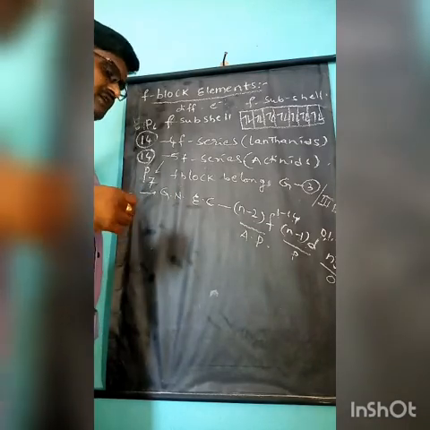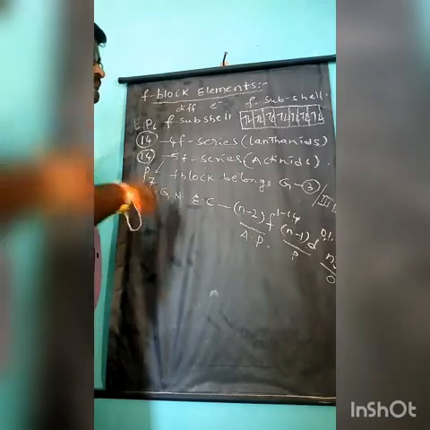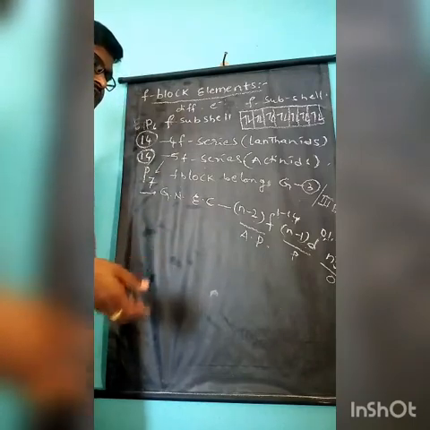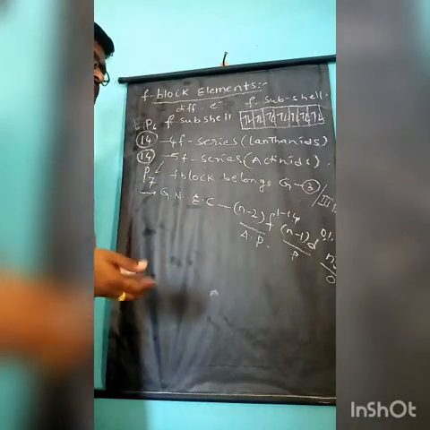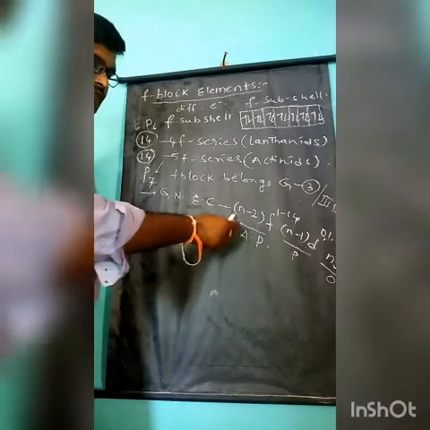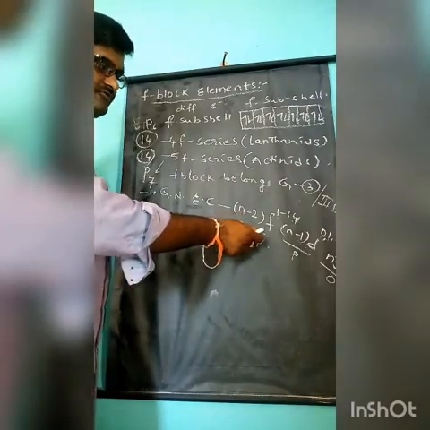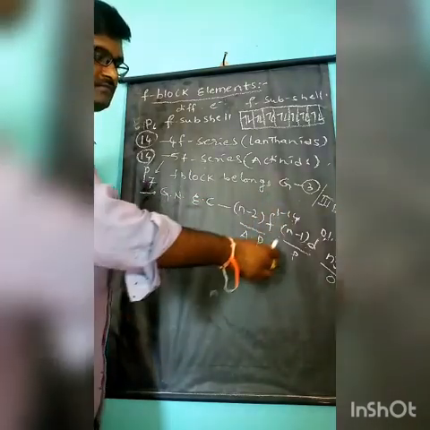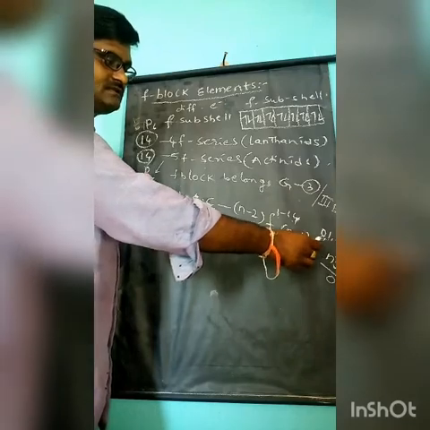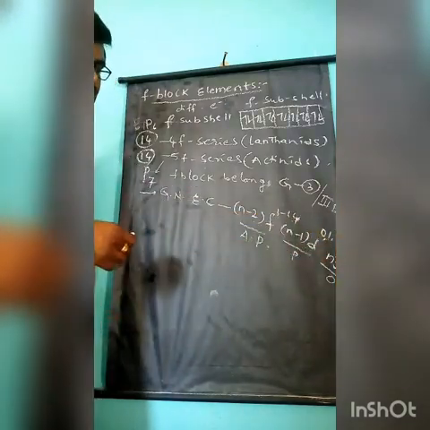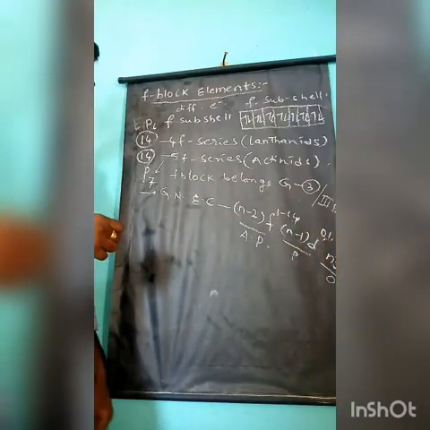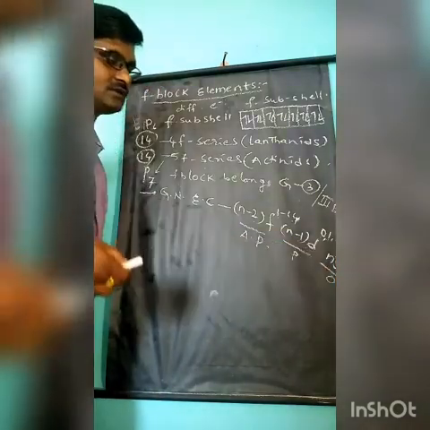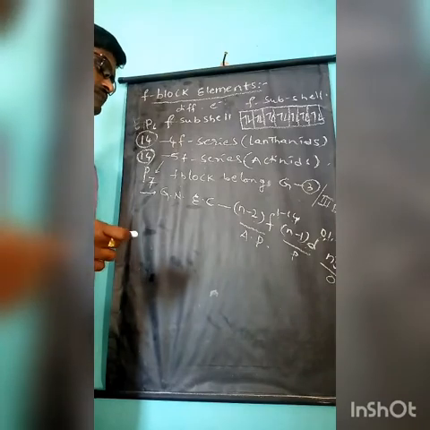Next point. The general electronic configuration of F block elements is (n-2)f 1 to 14, (n-1)d 0, 1, 2, ns 1, 2.